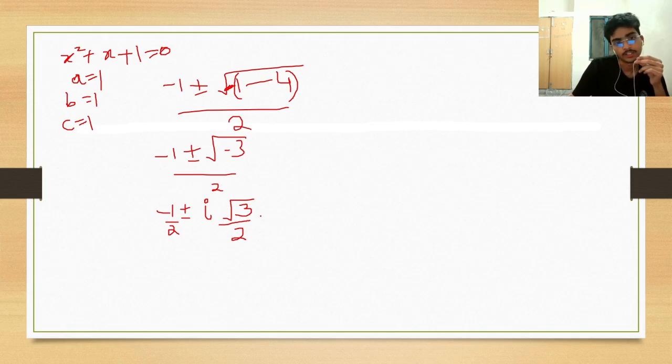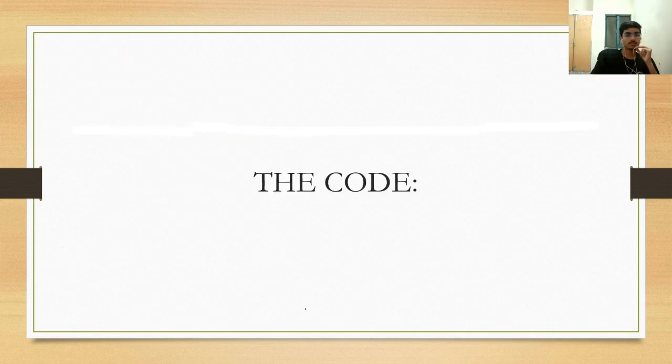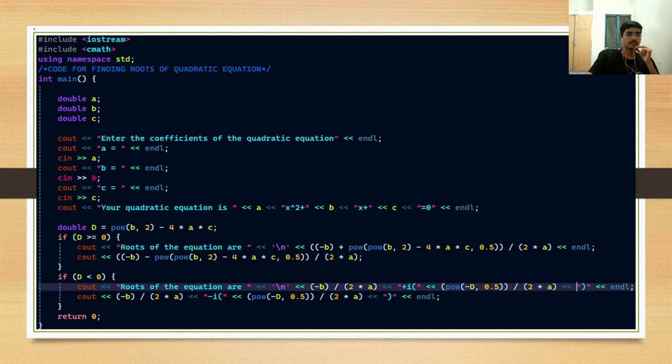And this is what we did in the code. So the code is like this. Hash include iostream to include the necessary libraries. cmath, this is also a very important library, and I would be explaining what the use of this is. Then using namespace std, standard libraries. int main, double a, b, c.